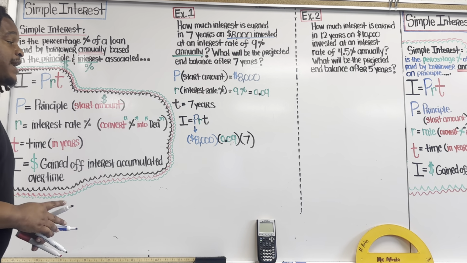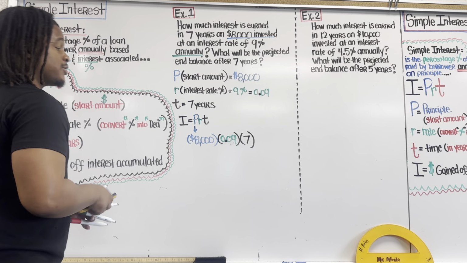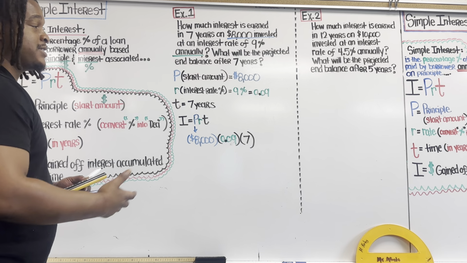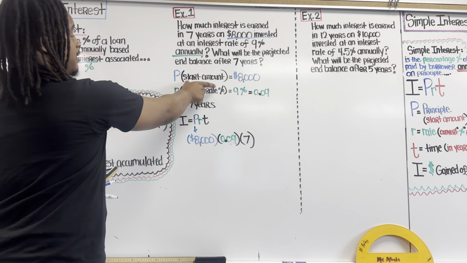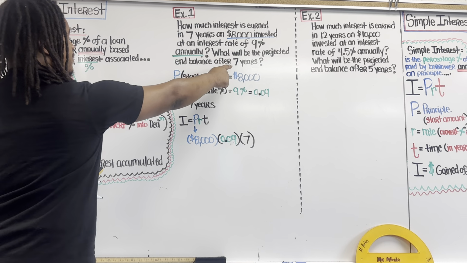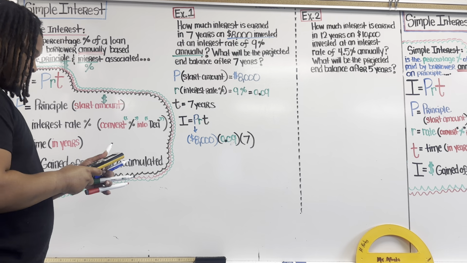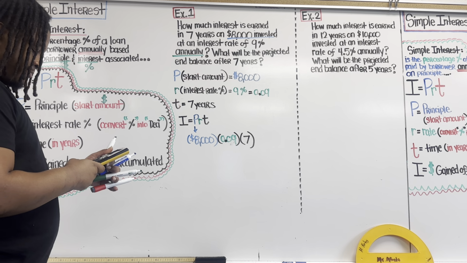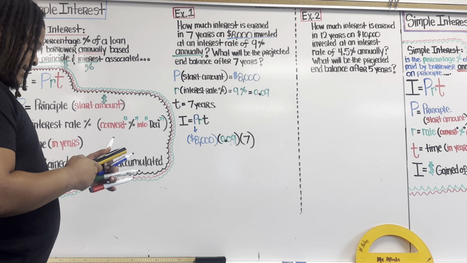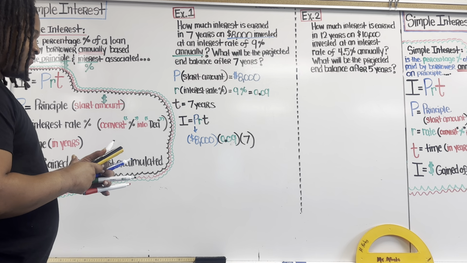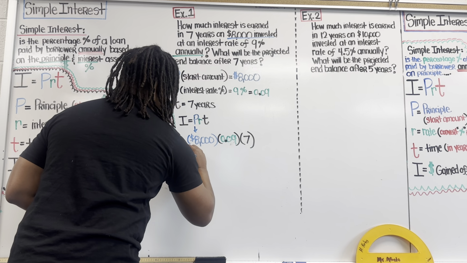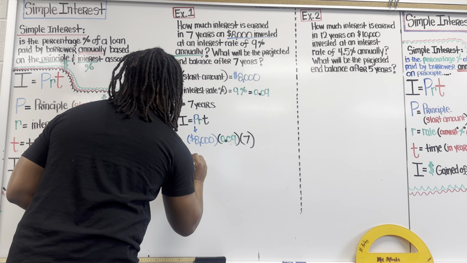All we need to do is take a calculator and multiply all 3 numbers together, and then you'll have the interest that is added on top of the principal after 7 years. So I have 8,000 times 0.09 times 7, and that's $5,040 of interest accumulated.